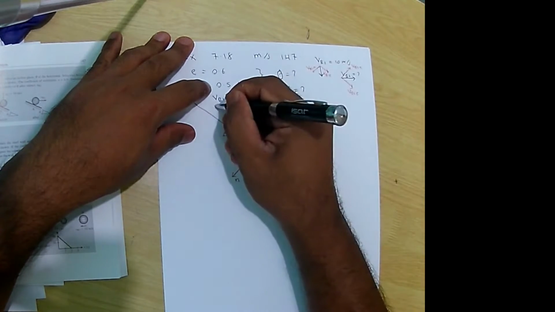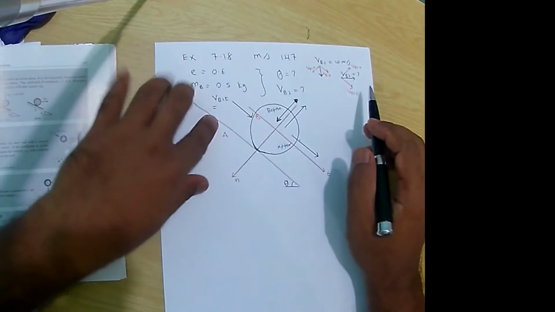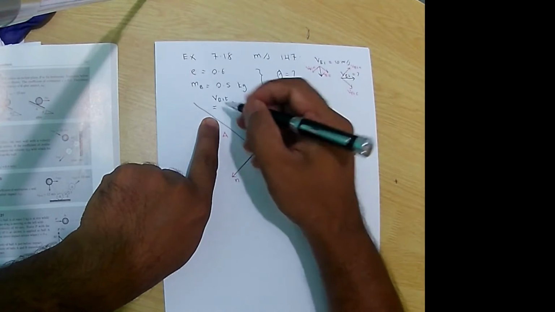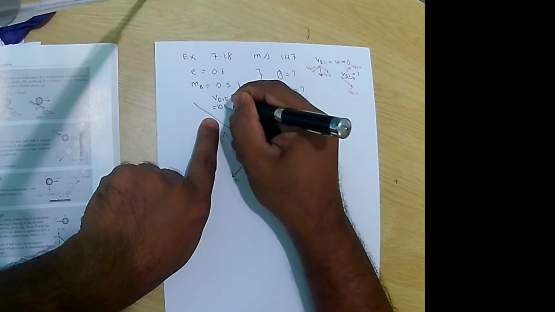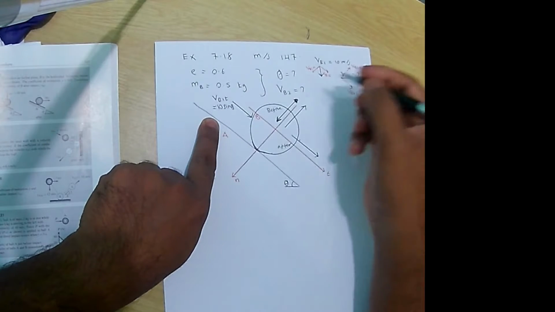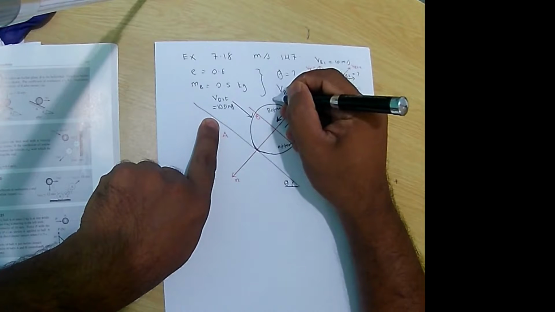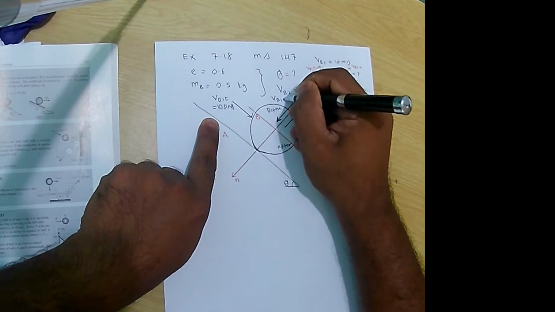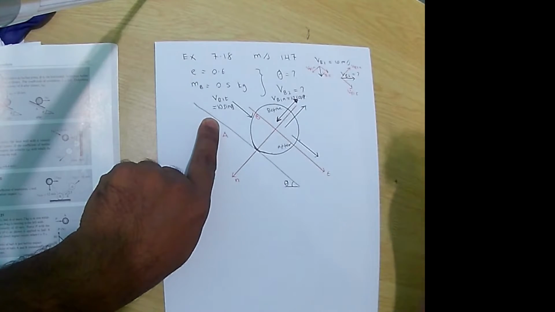So this is VB1T, which is equal to, the VB is given as 10, so 10 sin theta. Here VB1N is equal to 10 cos theta.